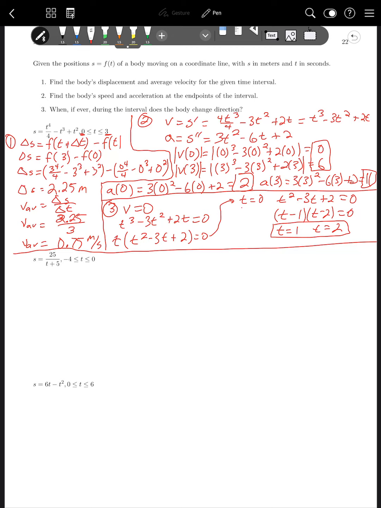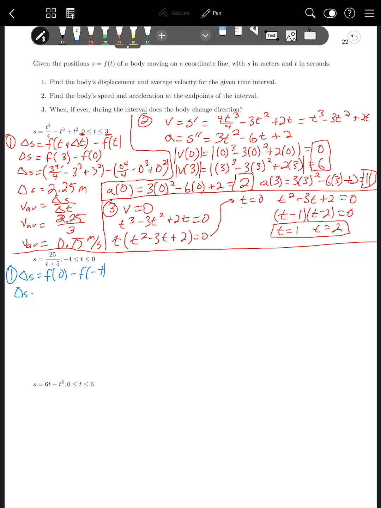Okay. So let's go ahead and try one more together. So the first thing you want to do is find the displacement. So to find the displacement, you just do delta S. So you want to do f of 0 minus f of -4.